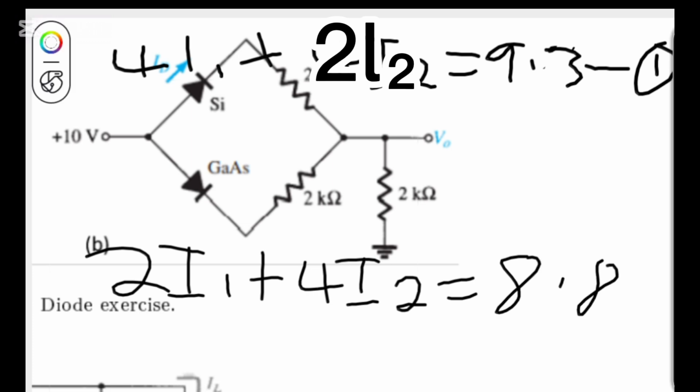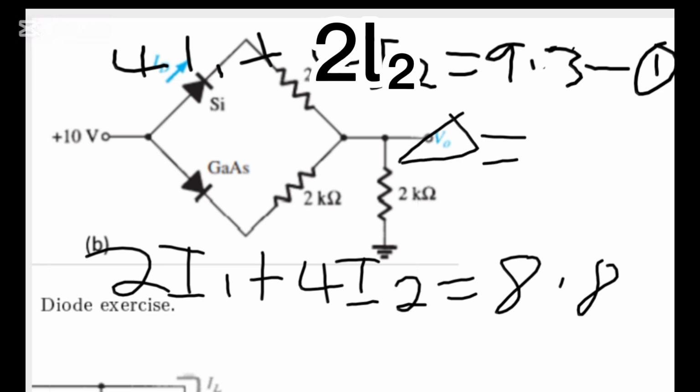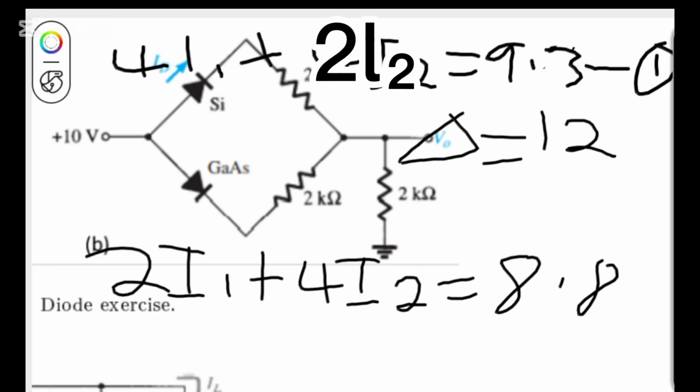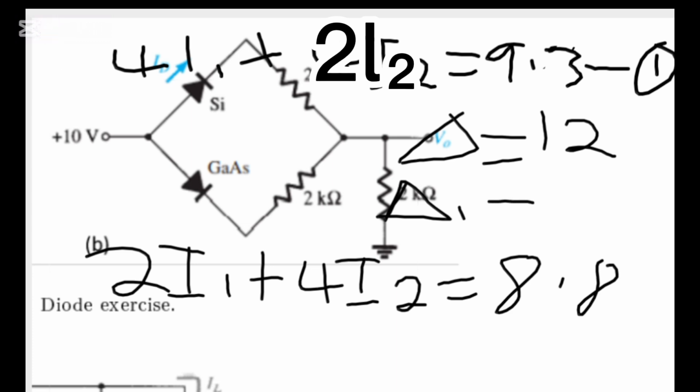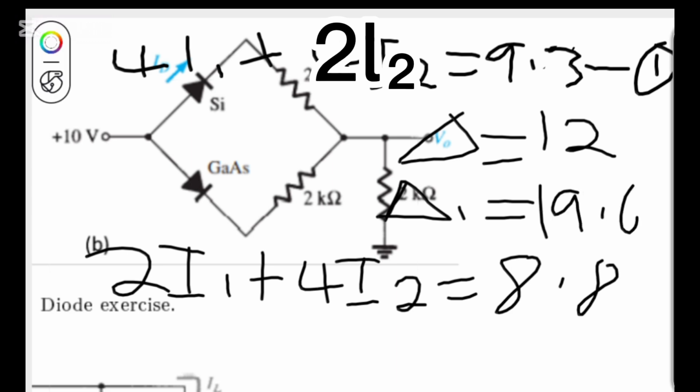So guys, you can use the Cramer's rule, and also you can use the substitution method. So after then, you are going to find I1. If I use the Cramer's rule, I already find the value of delta as 12, and the delta 1 after putting the output in the first column, I get 19.6.